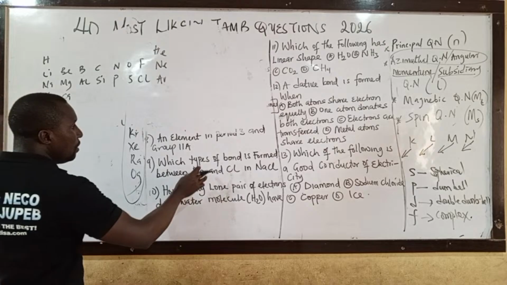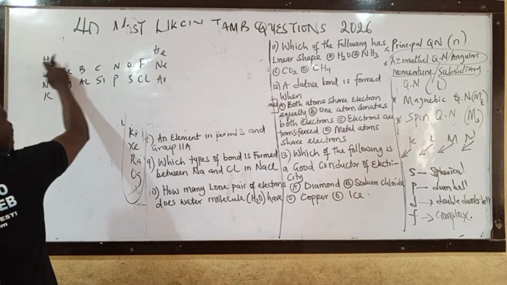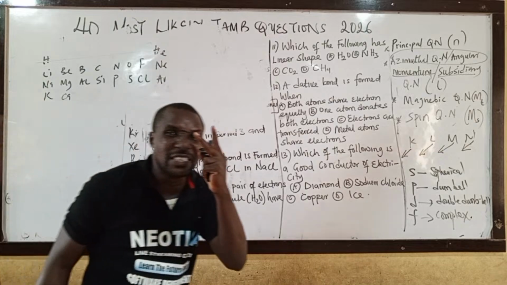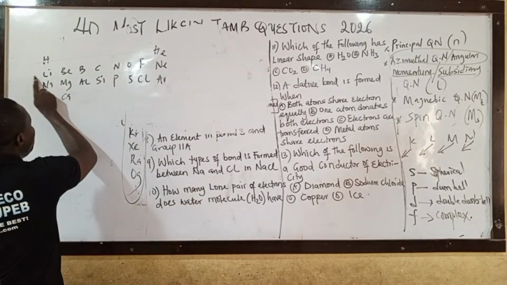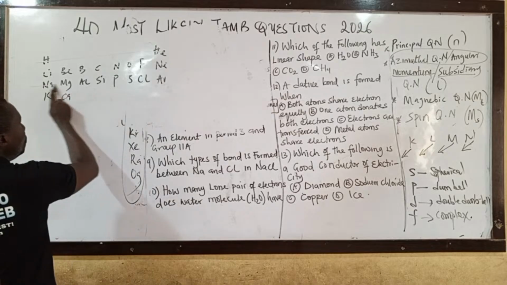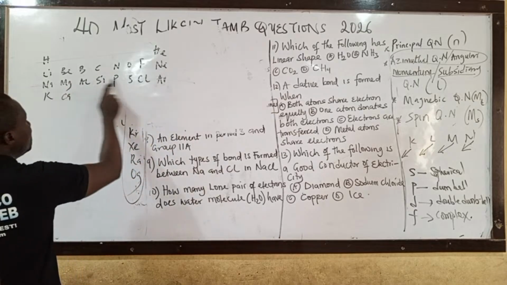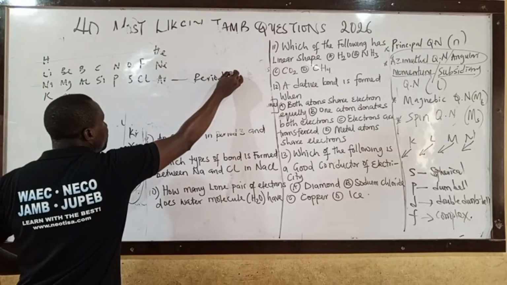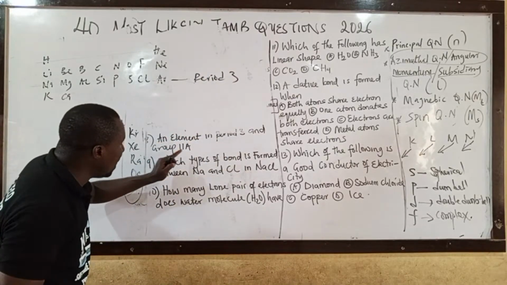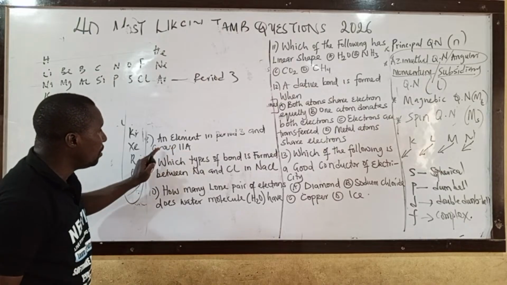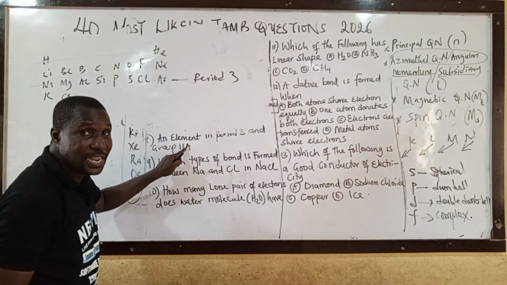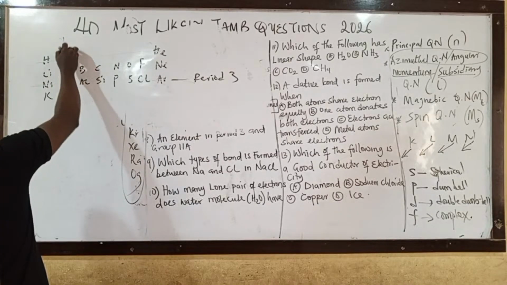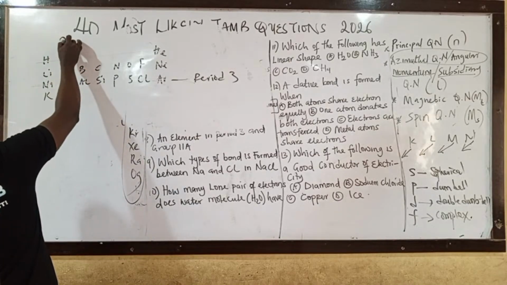They say period 3. Period is a horizontal arrangement. This is period 1, we have just 2 elements in period 1. This is period 2. This is period 3. Then group 1, group 2A, group 2.